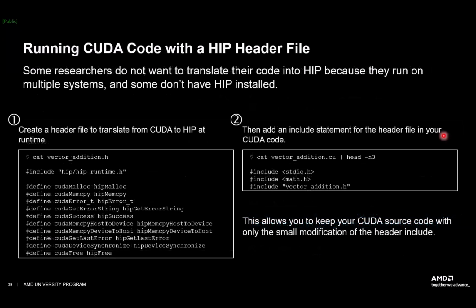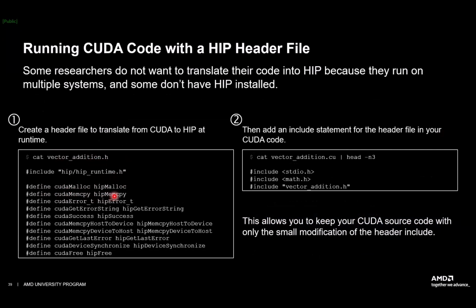There's another way that you can do this. If you have CUDA source code and you just don't want to translate that to HIP for whatever reasons, you can leave your code in CUDA, and you can use this header file method, or this HIP-apply method, where you define a header file, as you see over here, where you define CUDA malloc is HIP malloc, CUDA memcopy is HIP memcopy.